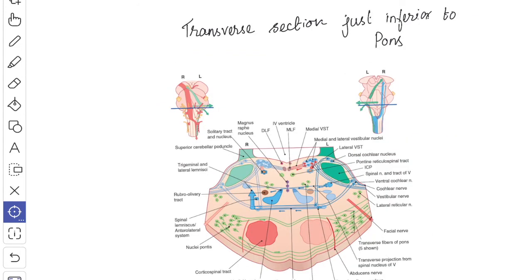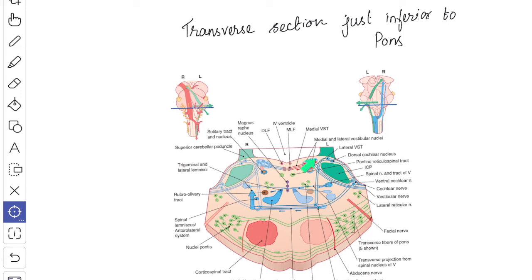Next we'll see the features of transverse section of medulla just inferior to the pons, or pontomedullary junction. So here no major changes in the distribution of the grey and the white matter in this section. Only the following features are observed. Here you get the lateral vestibular nuclei.